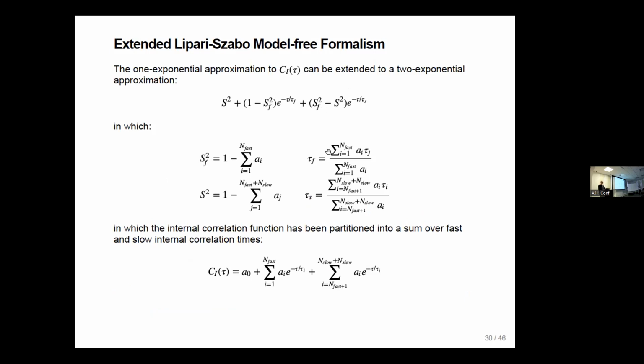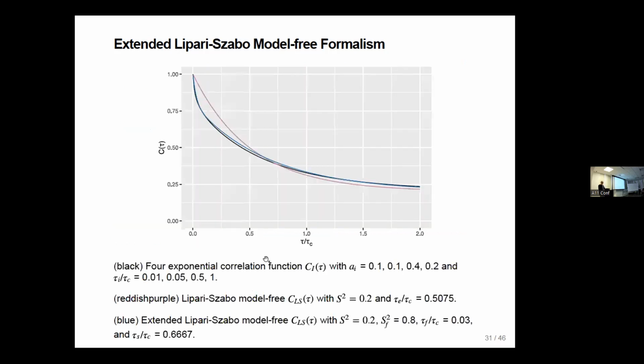And then we can apply the same kind of approach as in the original model-free formalism to express the fast and slow timescales, the fast and slow order parameters. So here then is the result. Black was the 4 exponentials. Pink was the original 1 exponential approximation.